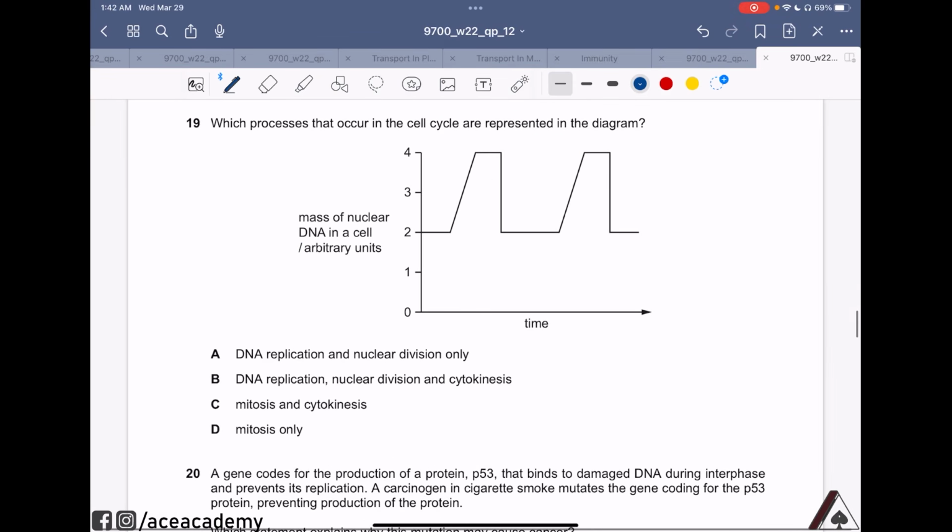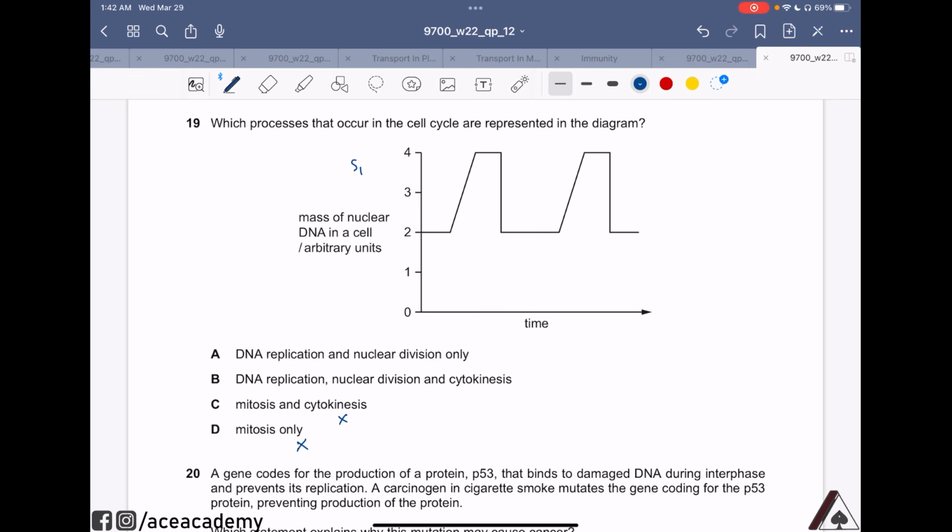Number 19. Which processes that occur in the cell cycle are represented in this diagram? Mitosis only, no, because the mass of nuclear DNA increases, so S phase must have occurred.